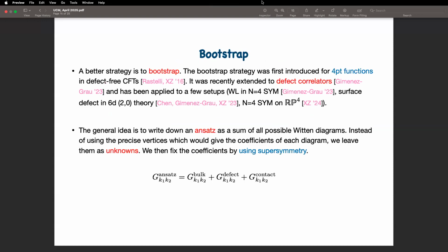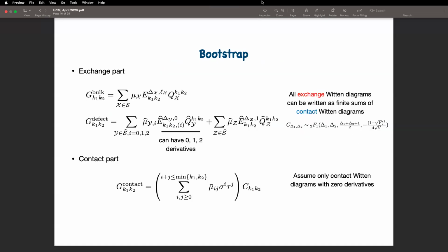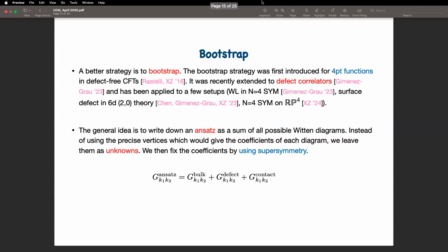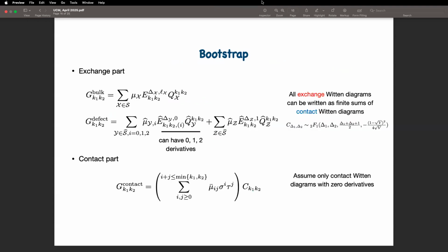So we can divide the answer into 3 different contributions. We have the exchanges in the bulk, the defect, and we also have the contact interactions. Now, just a little bit more detail. The exchange contributions can be written in the following form. Let's first look at the bulk part. It has 3 things. This E is the exchange Witten diagram here. It's also multiplied by this Q here, which is some R-symmetry polynomial.